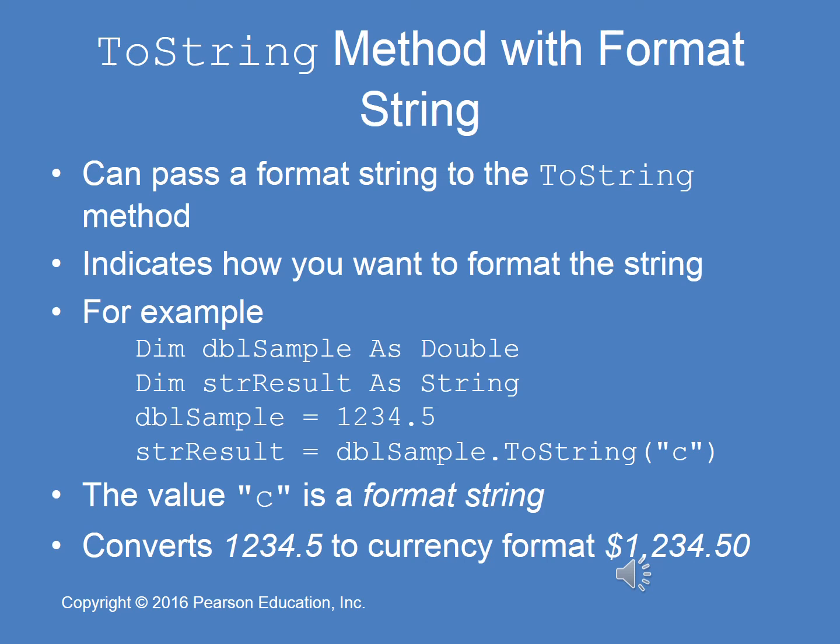I know something like this would be done to then assign string result to the text property of a label and display the currency value, $1,234.50, in that label.